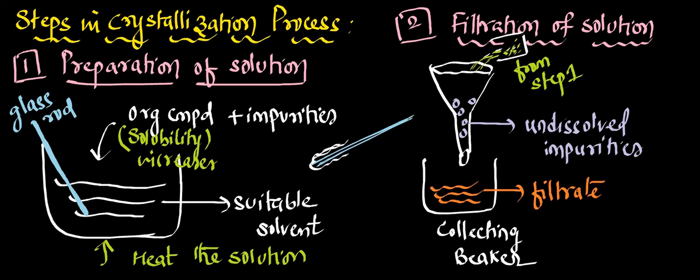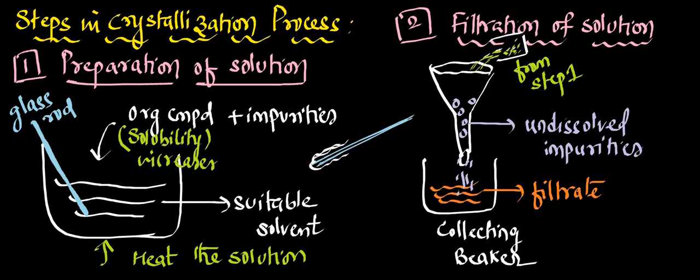The undissolved impurities will stay back on the filter paper itself, and the dissolved form of the organic compound along with the solvent, that is the solution, will pass through and be collected into the collecting beaker. This solution, which is free from the undissolved impurities, we call the filtrate.